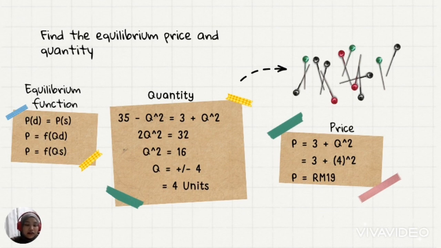We'll only choose the positive one because in economics, as I mentioned before, we only take the positive value. Next, we need to find the equilibrium price. So let's say we take the supply function. We just substitute Q with 4, and we will get the price, which is RM 90. So the equilibrium price is 90 ringgit, and the equilibrium quantity is 4 units.